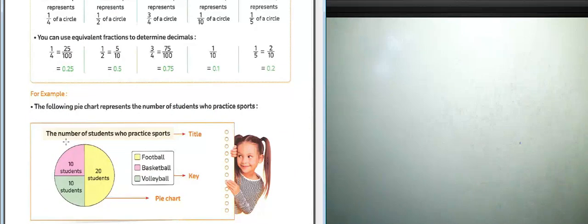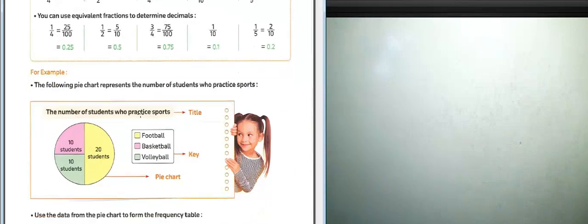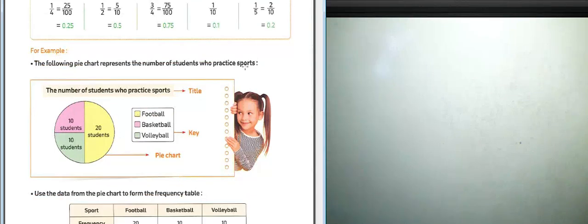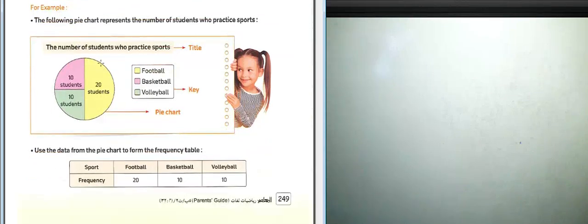For example, the following pie chart represents the number of students who practice sport. The title is the number of students who practice sport, and the key of the pie chart here shows football, basketball and volleyball, colored yellow, red and green.